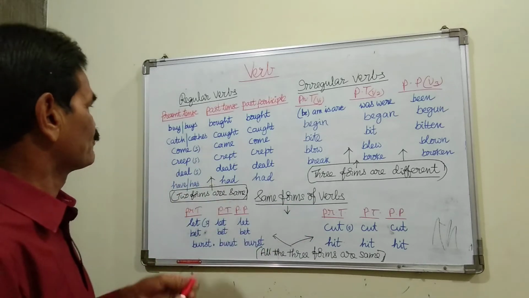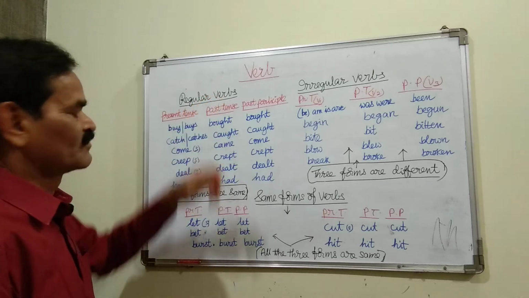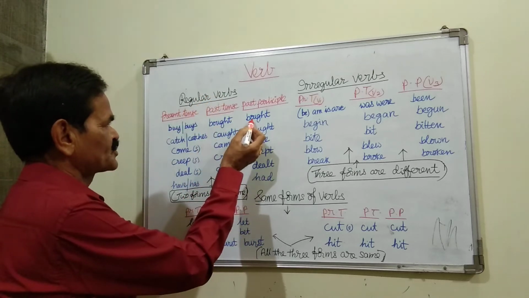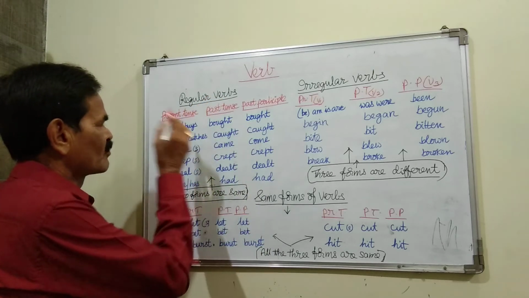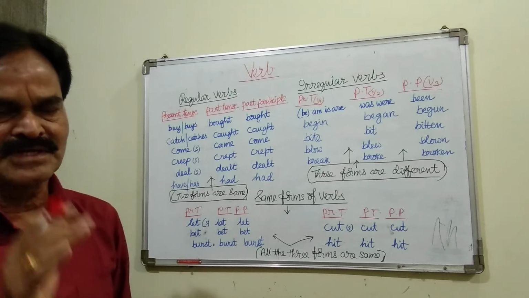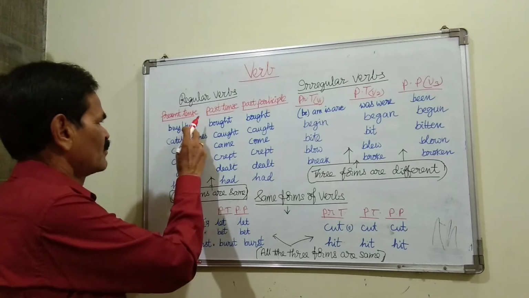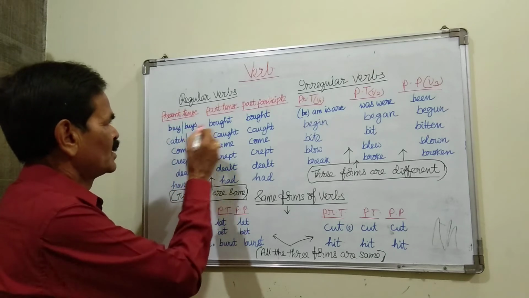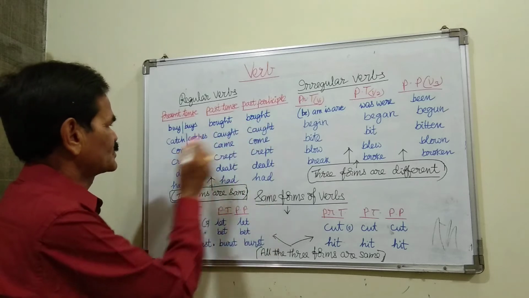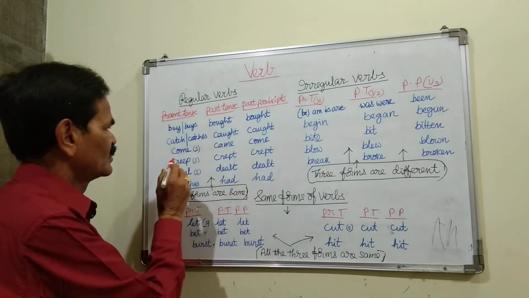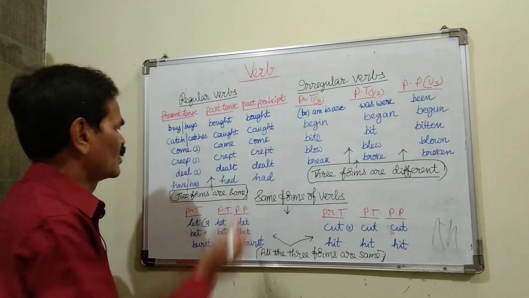Now let us see, first of all, regular verbs. Regular verb means the past tense and past participle will be the same. Buy or buys, present tense will be buy or buys, with s or without s. Buy, bought, bought, past tense and past participle same. Catch, caught. Come, came, come.